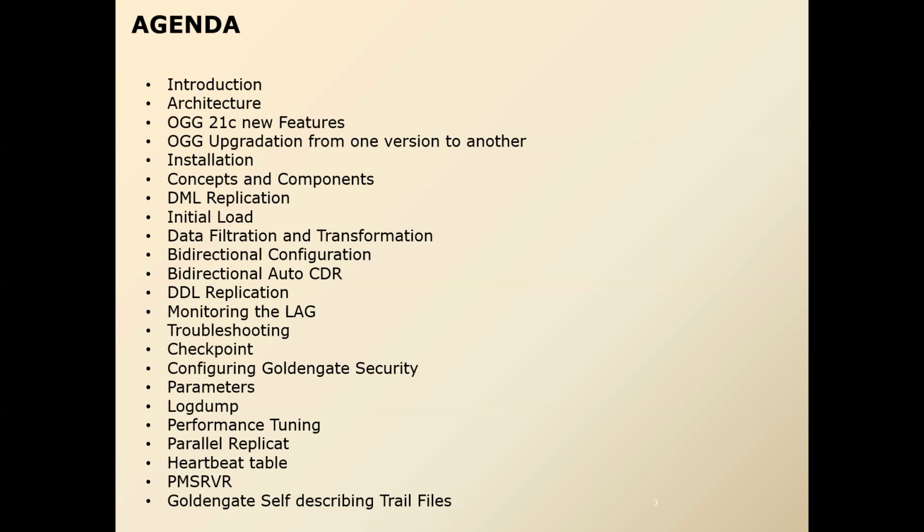During the training, you will be learning about performance tuning of Goldengate as well as troubleshooting Goldengate. Now the thing is, in Goldengate there may be 1,000 issues which you may encounter. I can tell you in this training about 10, 20, 30 issues, and there might be any new issue which you may encounter.